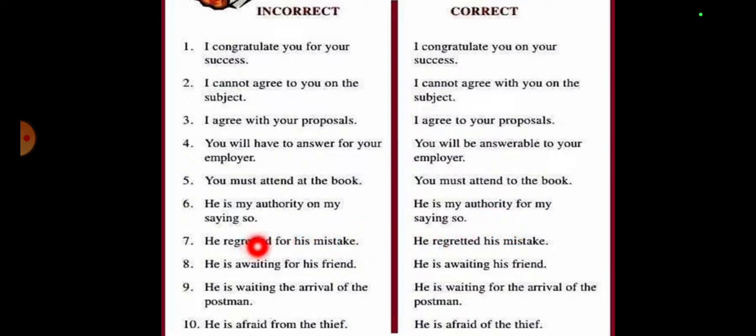Similarly, await for is wrong, awaiting his friend is right. If it is wait, then you can use for, if it is await, then just use it simply.